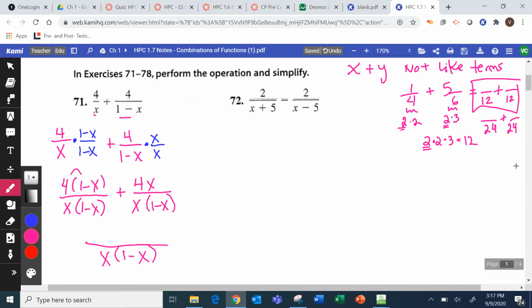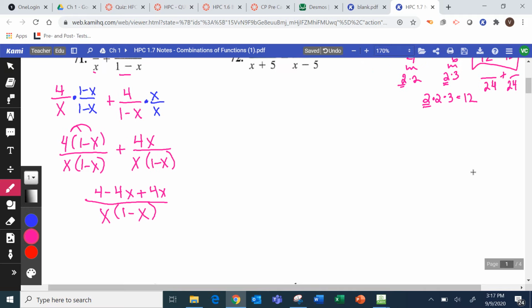And I'm going to go ahead and distribute while I add them. 4 minus 4x plus 4x. We look for anything that could simplify, and this does simplify to be 4 over x times 1 minus x. Nothing will factor, so nothing cancels. That's the final simplified answer.